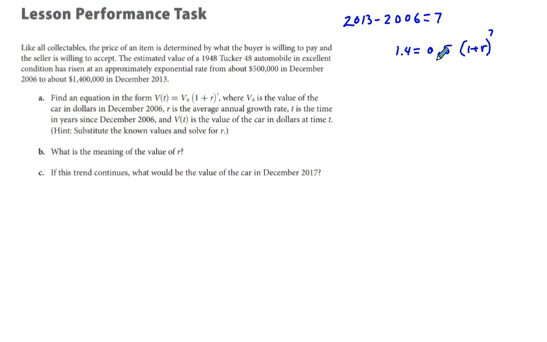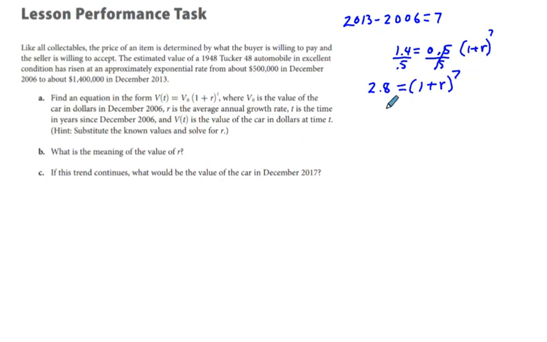It just makes the arithmetic a little easier. Divide by 0.5, and dividing by 0.5 is the same as multiplying by 2. So we have 2.8 is equal to 1 plus r to the power of 7.